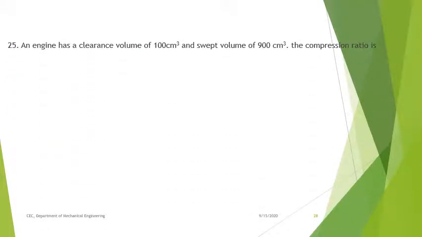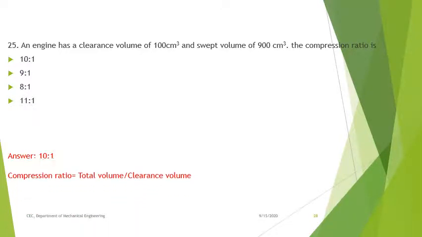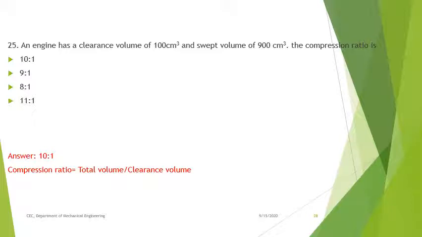An engine has a clearance volume of 100 cm cube and swept volume of 900 cm cube. The compression ratio is 10:1, 9:1, 8:1, 11:1. The answer for this question is 10:1. This is calculated by the relation, the compression ratio is equal to total volume to clearance volume.